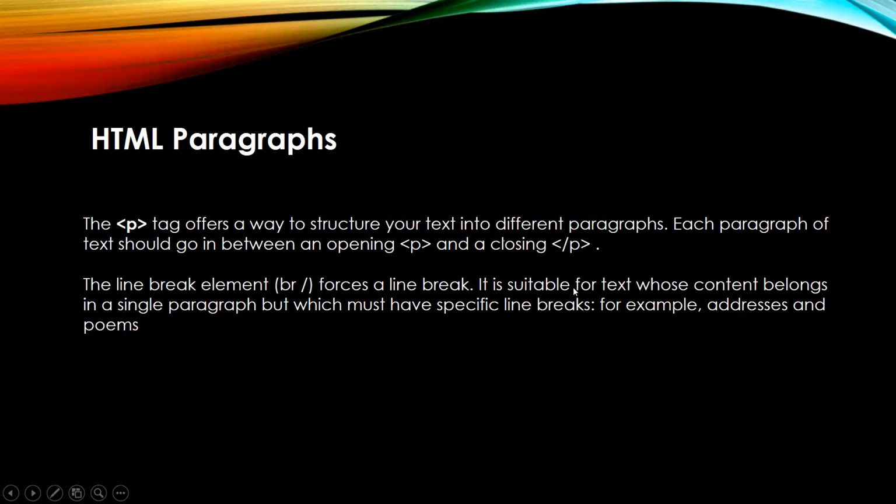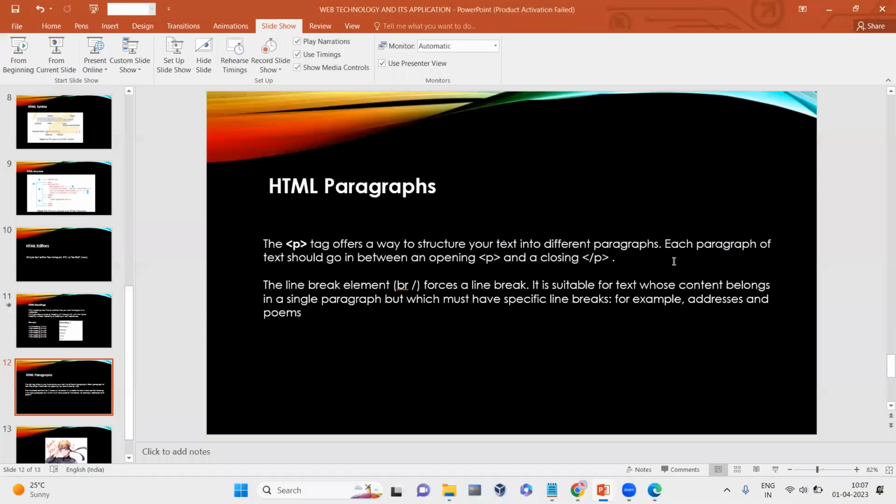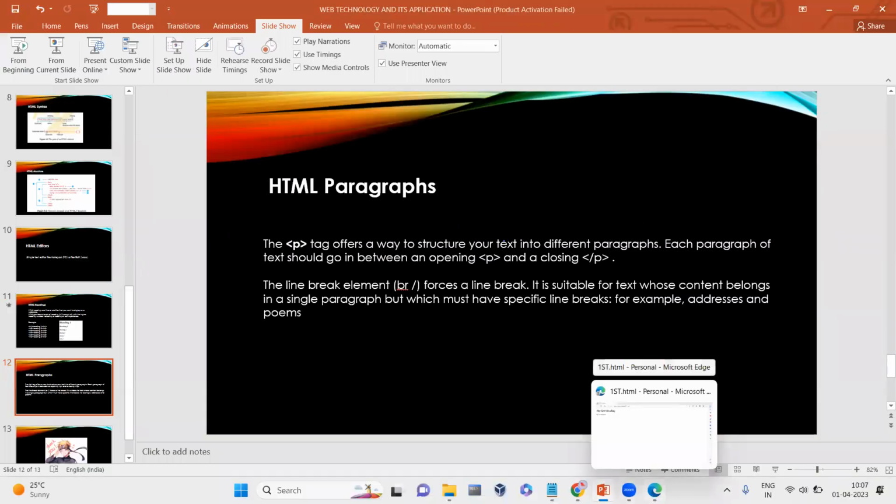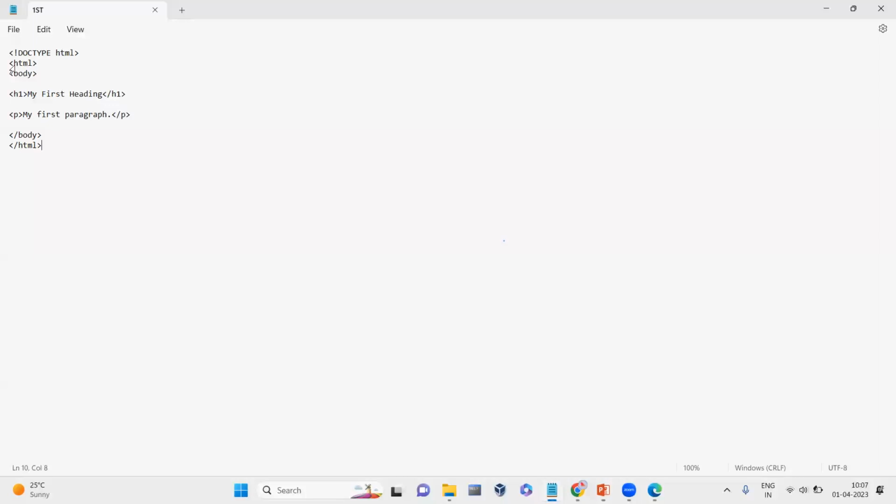It is suitable for text whose content belongs in a single paragraph but which must have specific line breaks, for example, addresses and poems. Let me demonstrate headings and paragraphs and explain.